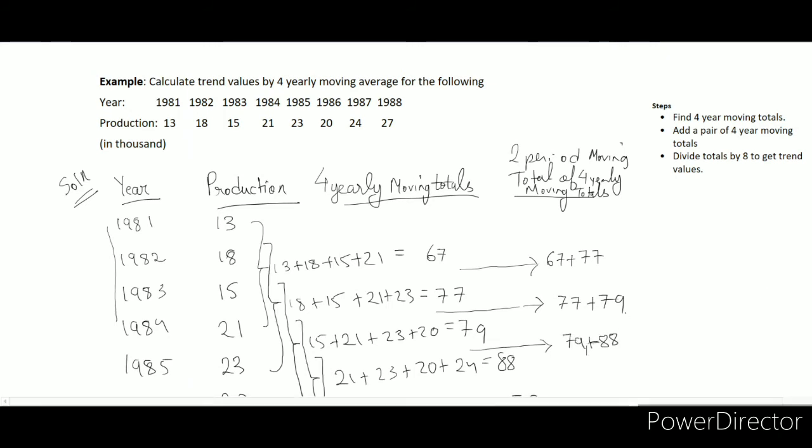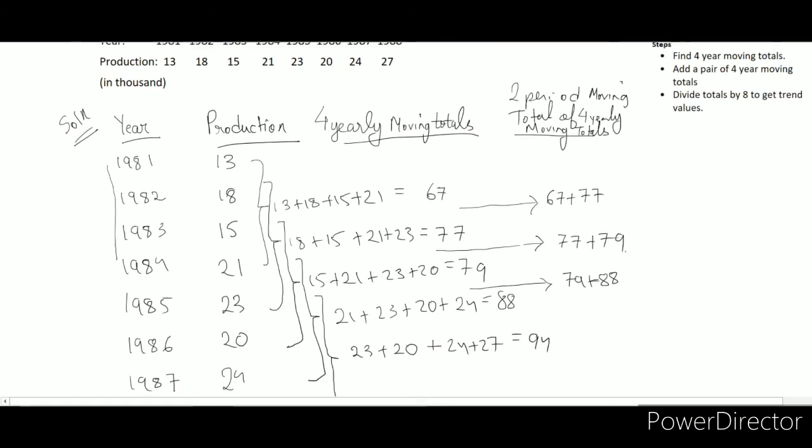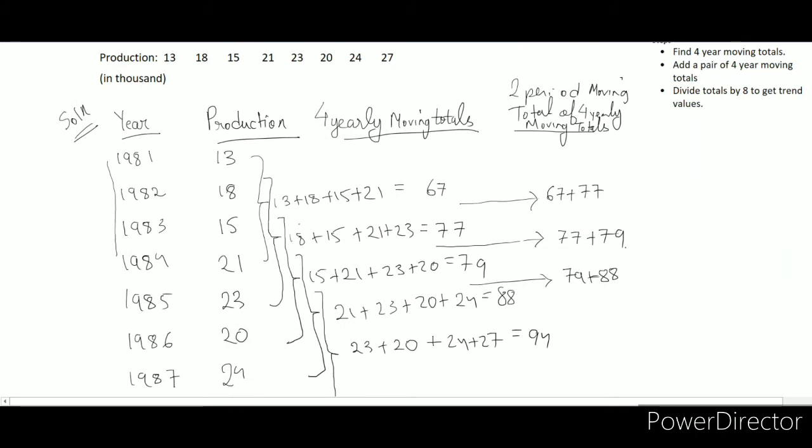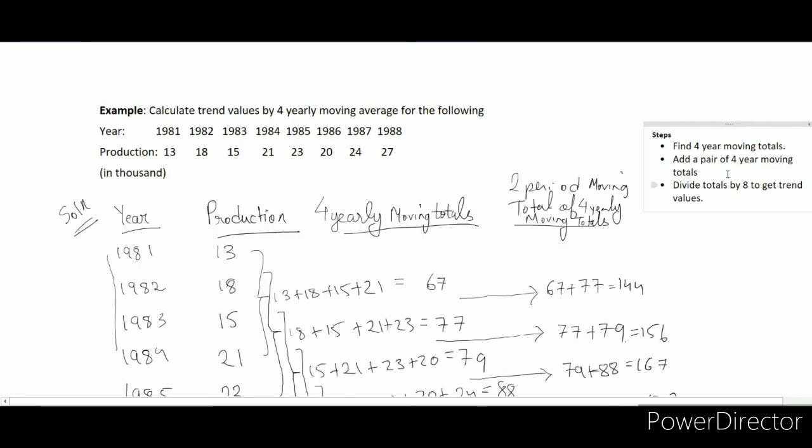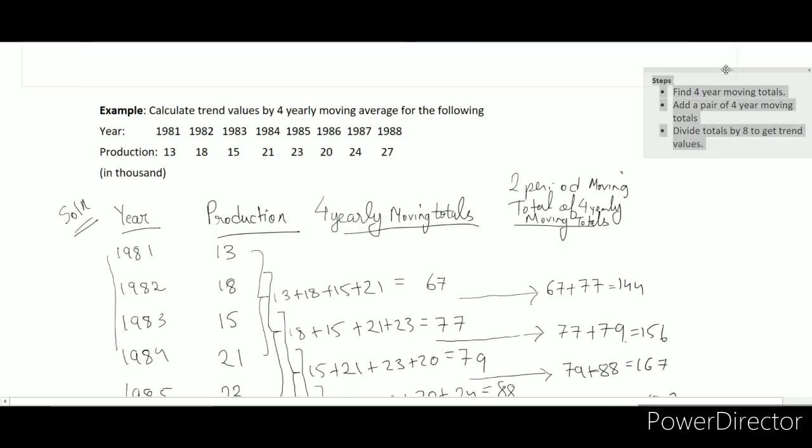In other words, we're able to synchronize or keep together data along with the years, which means we're able to assign these values to a particular year. So the next pair is this much. If we add them up, we get 144, 156, 167, 182.